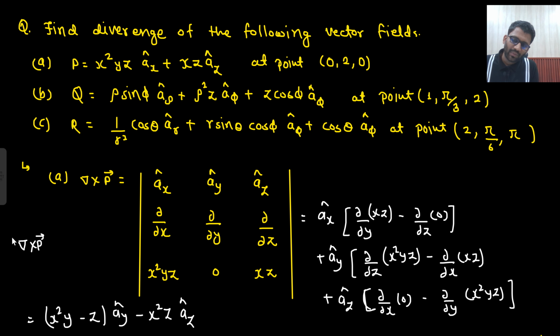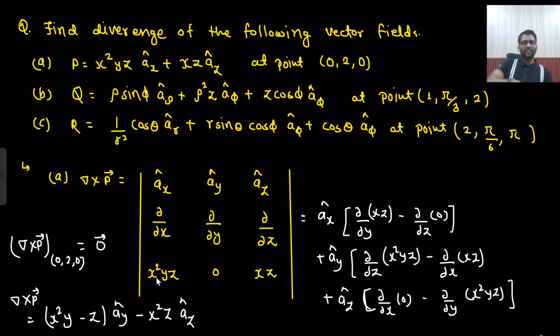So this is your answer, del cross p. But at what point do we need to find it? 0, 2, 0. I guess I wanted 0 answer, that's why I wrote it. 0 minus 0, 0, 0, 0. What are you getting? 0. But here I will show 0 vector, or you can directly show 0 only, because 0 is 0.